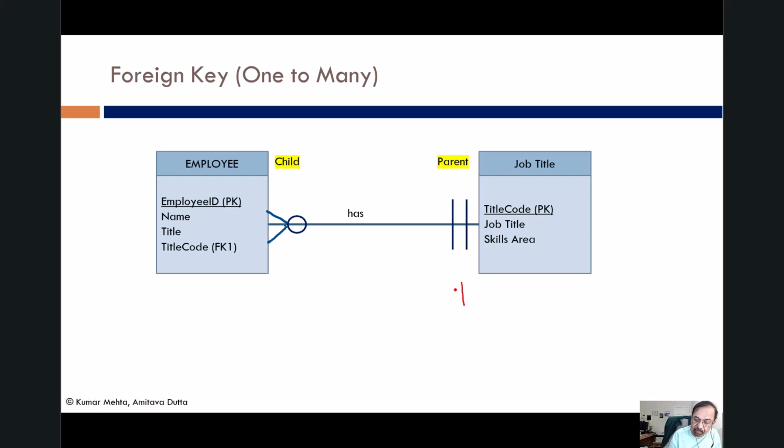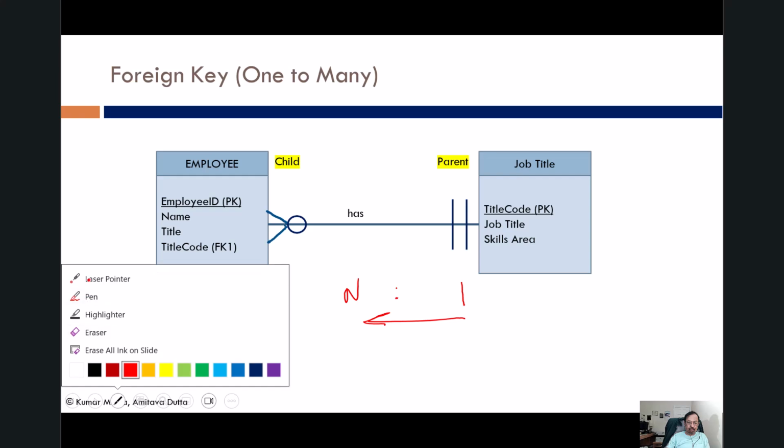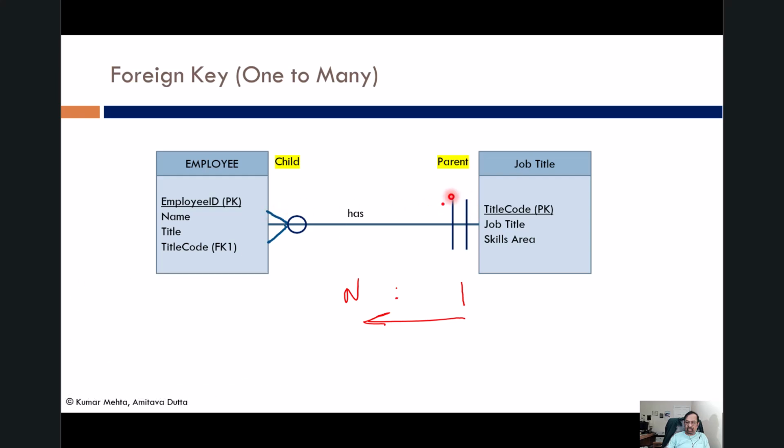Here is the one, and here's the many. So it's one to many in this direction, and the way this shows up as a picture at the logical level is that you have this line between the two entities, and the cardinalities tell you that it's a one to many relationship.